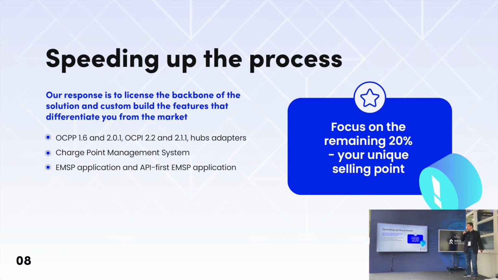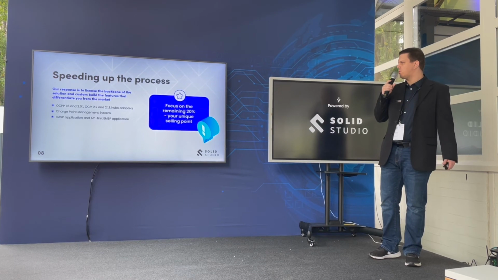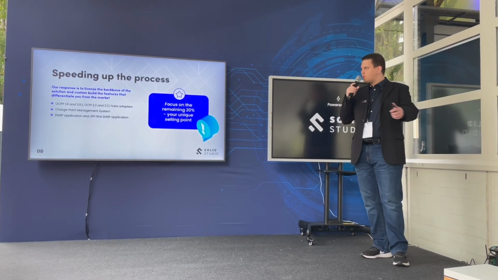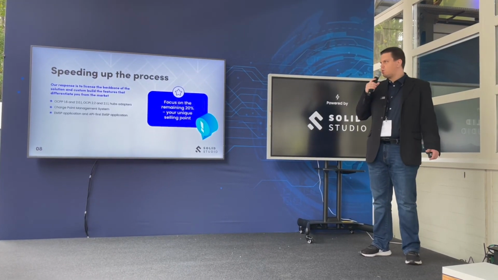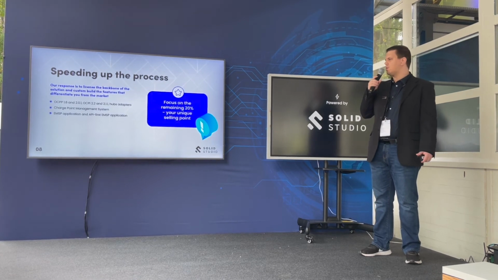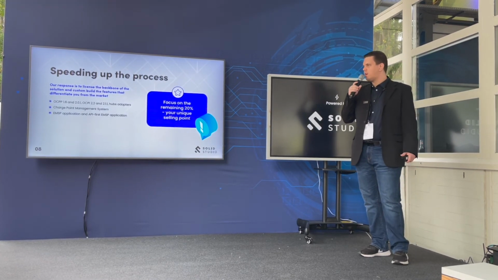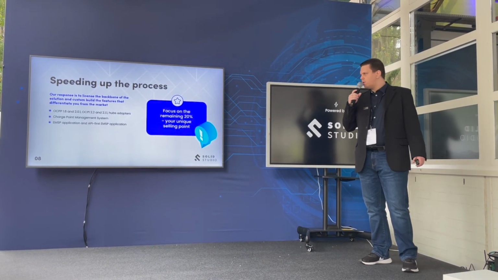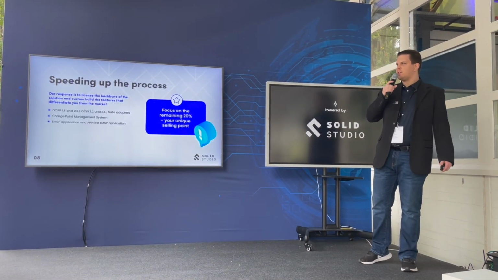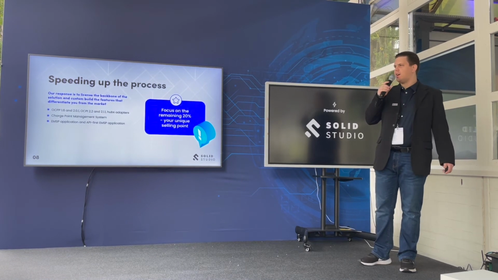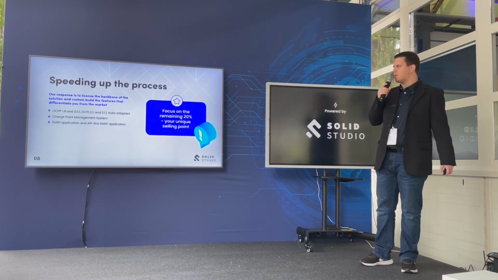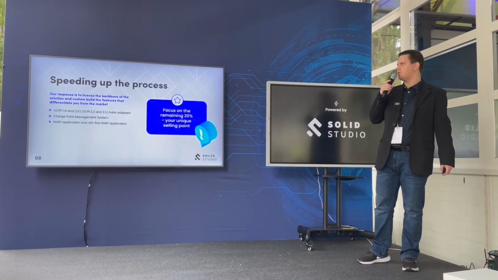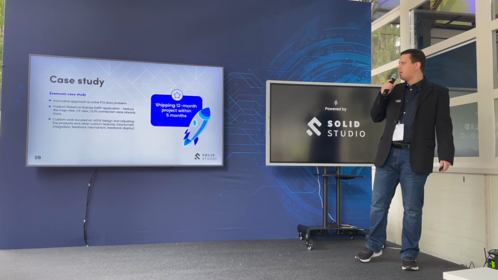And what it allows you to do is focus on the remaining 20%, your unique selling point. Those core functionalities we can treat as already battle-proven and ready to be used, and we can focus 100% of our efforts on your unique 20% of your application that provides an innovation to the market and differentiates you from the competition.